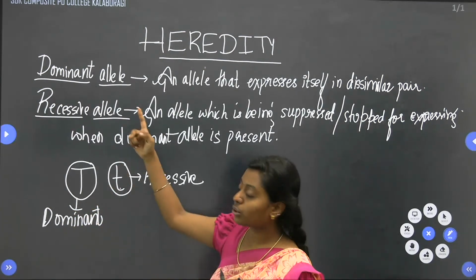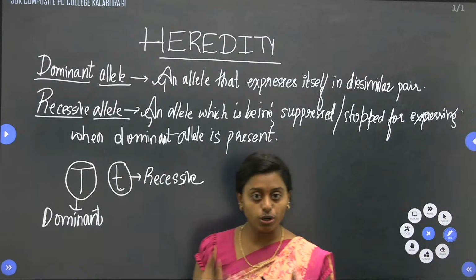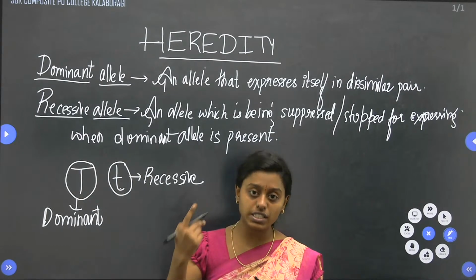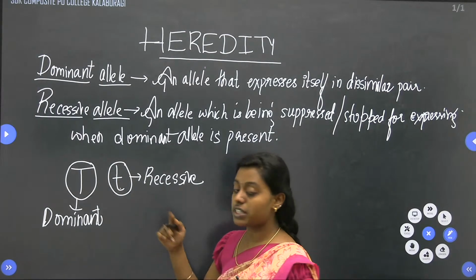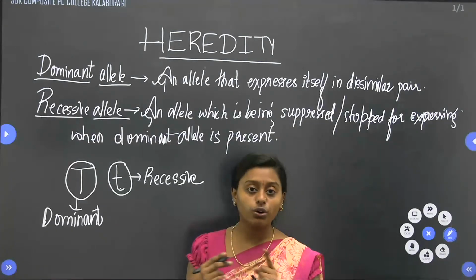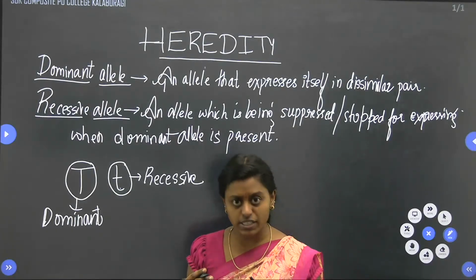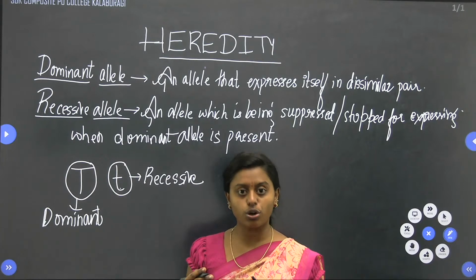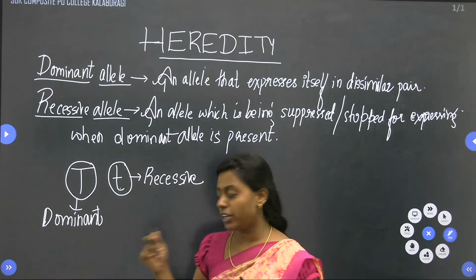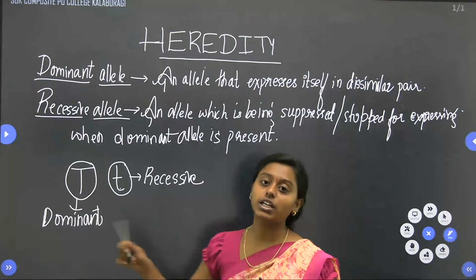So we can observe two types of alleles. One is the dominant allele which expresses itself, whereas the other is a recessive allele which gets suppressed, inhibited, stopped from expressing itself when it is present with the dominant allele.